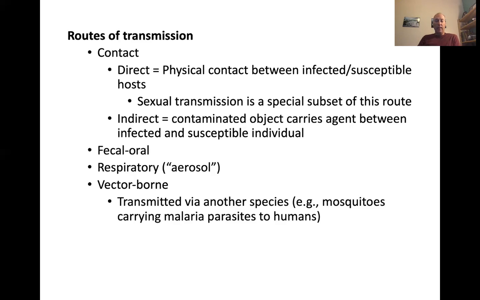And then the last one is vector-borne transmission, where the movement from one host to another is mediated, usually by an insect, like a mosquito in the case of malaria or many viral diseases.